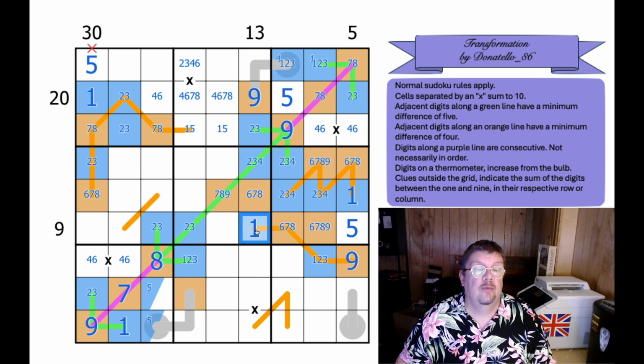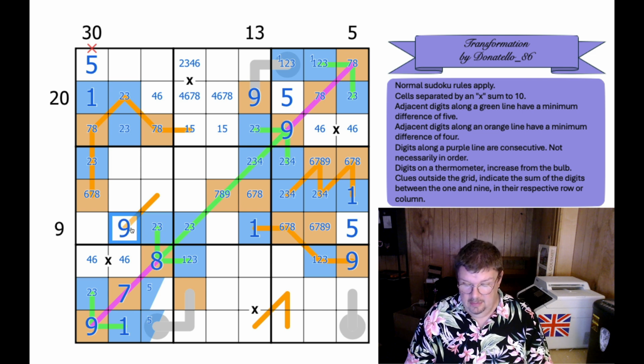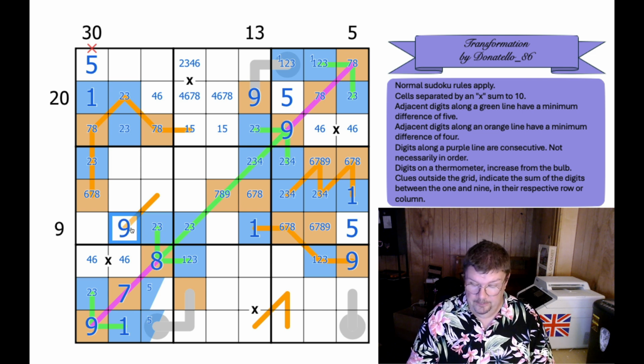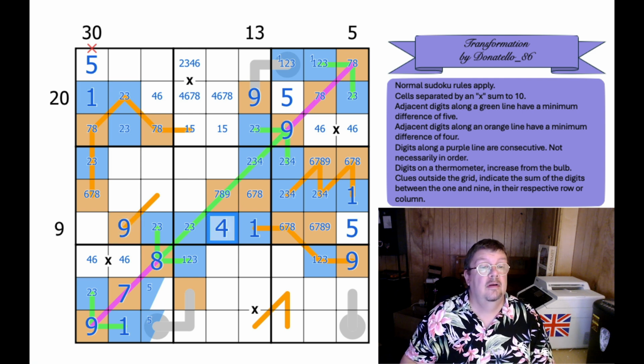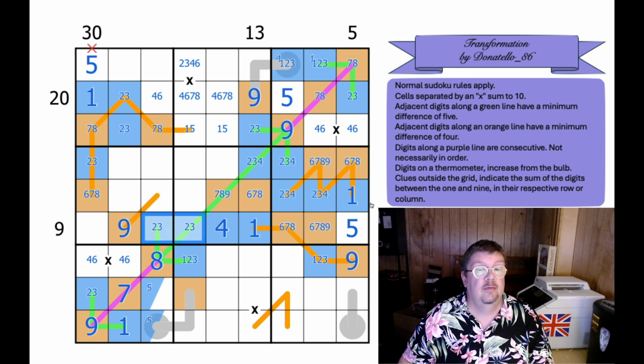Well, with a 1 here, can't have a 2-digit that way or 2-digit that way, so I have a 3-digit 9 clue, which means that's the 9, which is high, and then this must be a 4, which is low, and that 9 clue is now done and complete. Oh, and the 5 clue is complete.